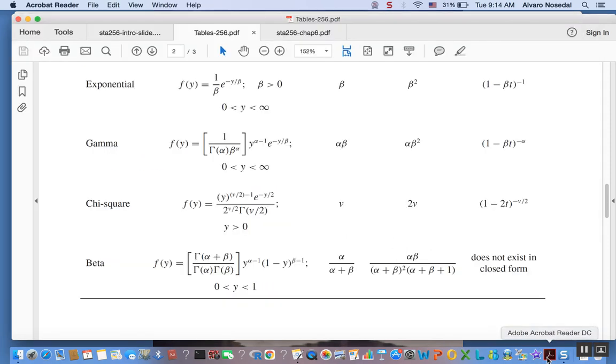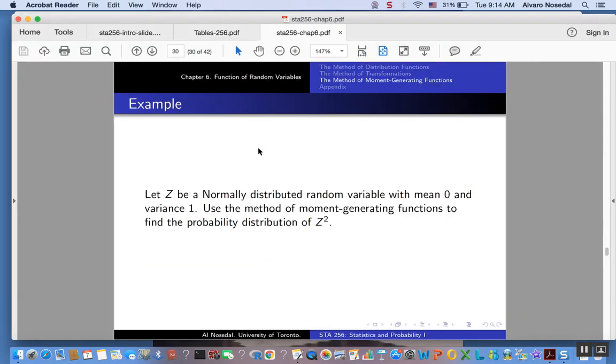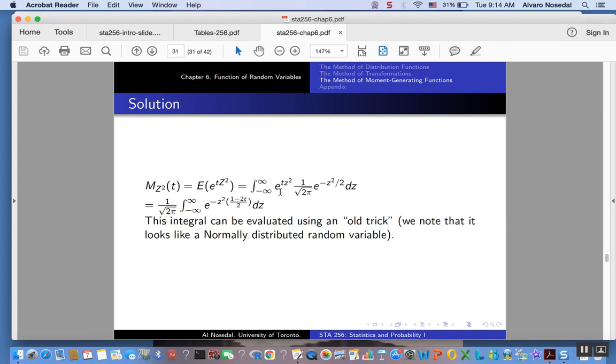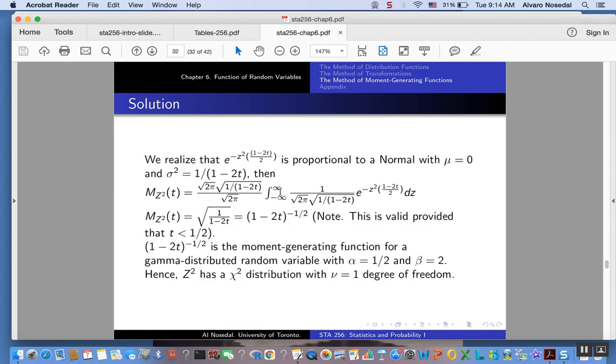Let's summarize what we did here. We applied the method of moment generating functions. What we do in this method is basically exploit the uniqueness property of MGFs. And the idea is this.